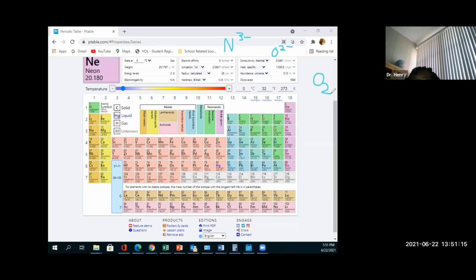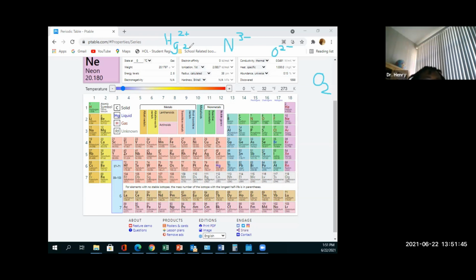Now I'm going to introduce you to a diatomic ion. This guy's called the mercury 1 ion.